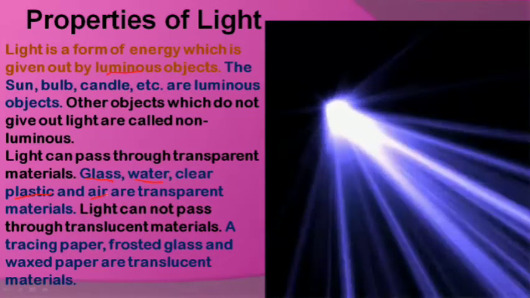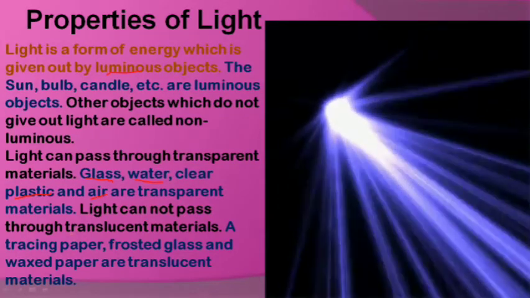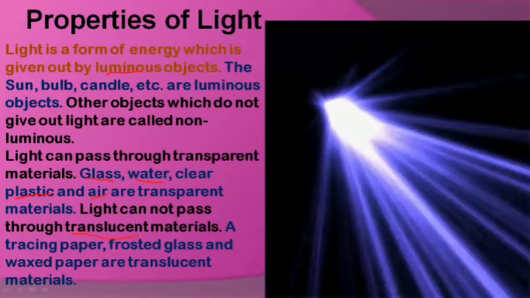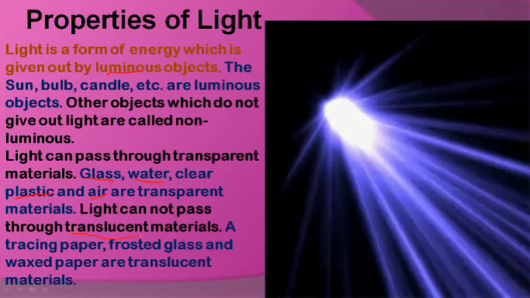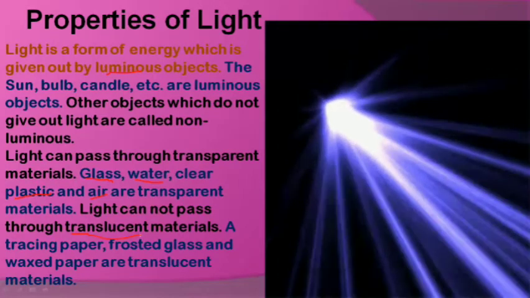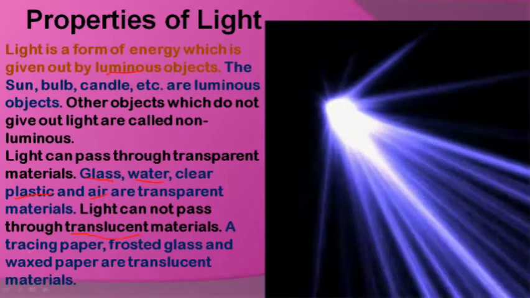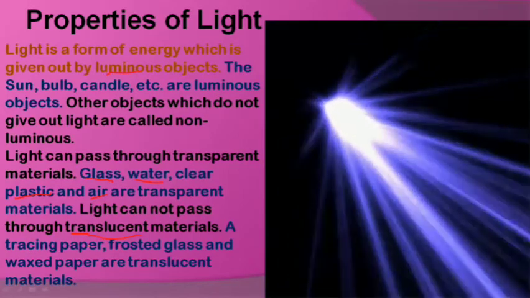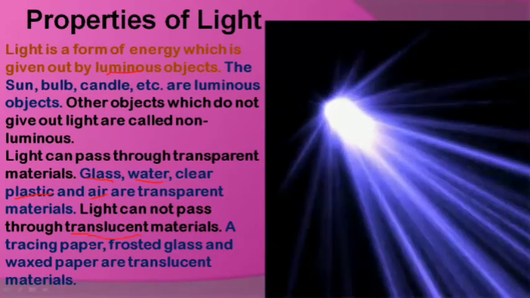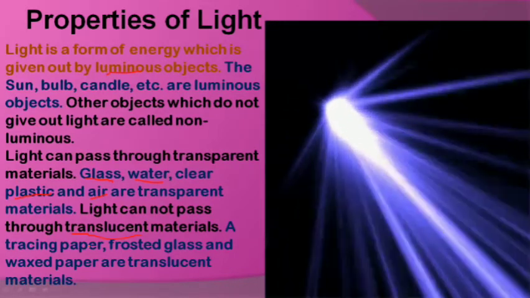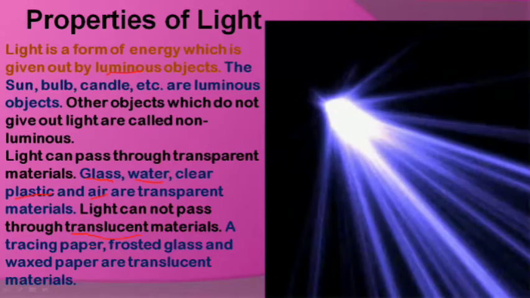Light cannot pass properly through some materials, and those are called translucent materials, through which we cannot see on the other side. For example, tracing paper: we can trace a little, but we cannot see on the other side properly. It means light cannot pass through it.